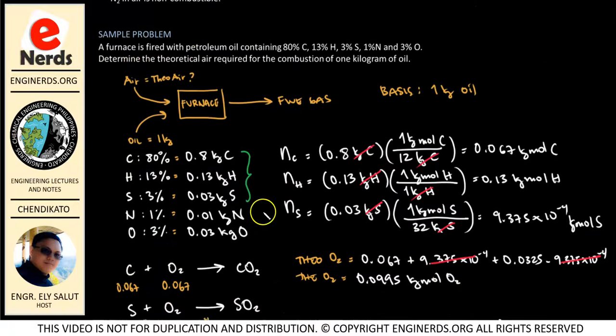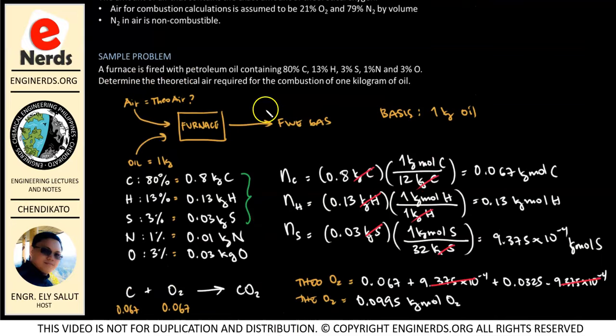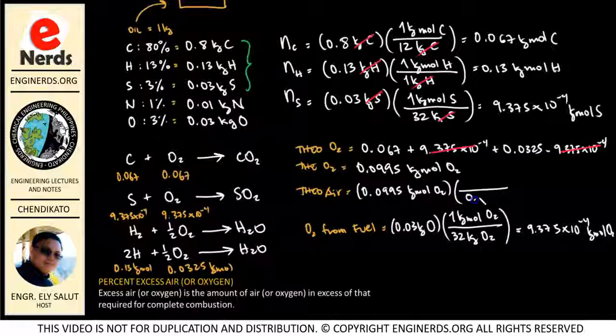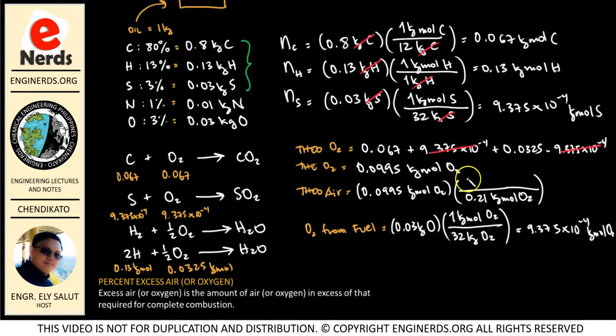So, ang pinahanap sa atin is yung theoretical air. Diba? So, we need to get yung value ng theoretical air. So, we have our theoretical O2, which is 0.0995 kilogram mole ng O2 times, okay, for every 21 kilogram mole ng O2 sa ating air, we have 100 kilogram mole of air.